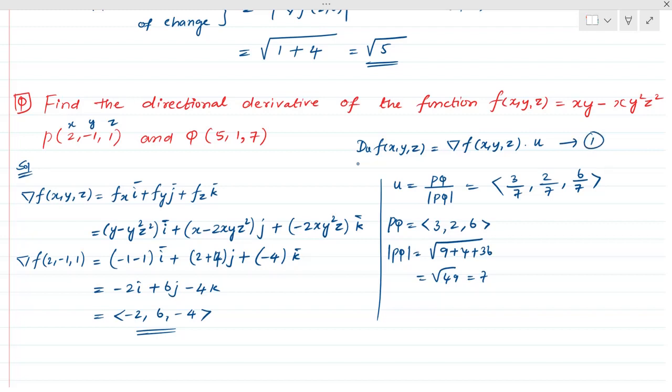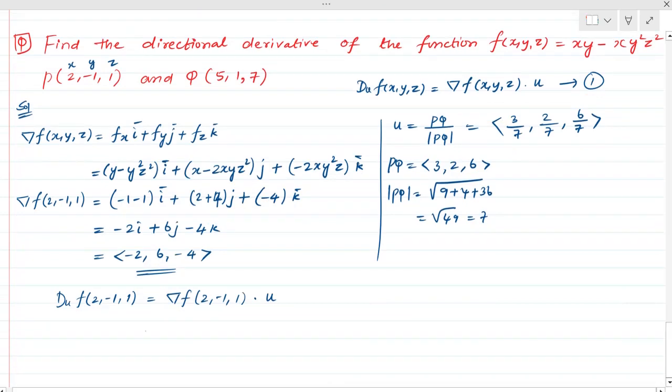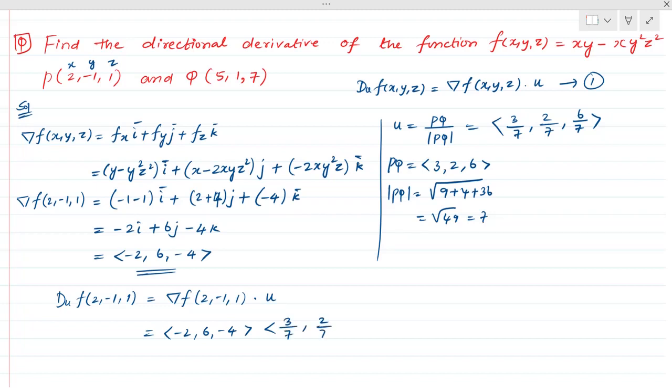Now the final step: I have to take the directional derivative of f at the initial point P. So I take the dot product of the gradient vector at the same point with the unit vector u. The gradient vector is minus 2, 6, minus 4, and the u vector is 3 over 7, 2 over 7, 6 over 7.